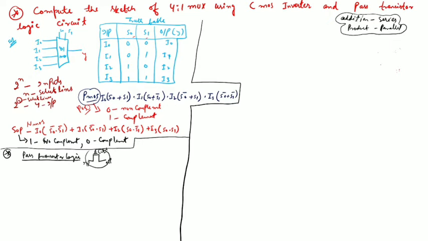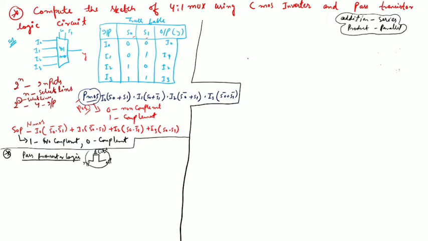So for PMOS we follow this POS equation. One thing we need to remember: all the components that are added to each other, we draw in series, and the components that are doing the product with each other, we will represent in the circuit in parallel.